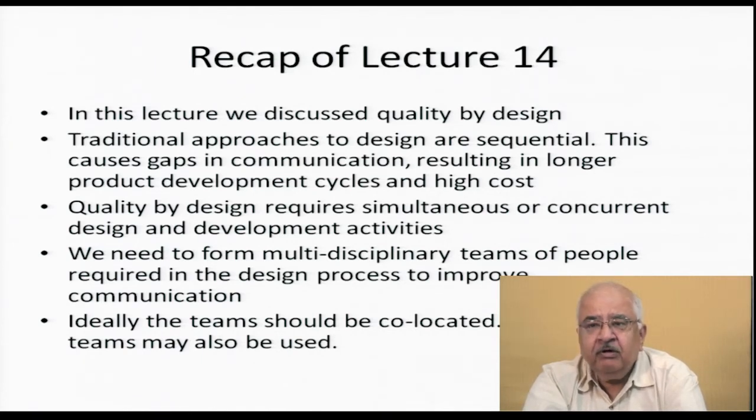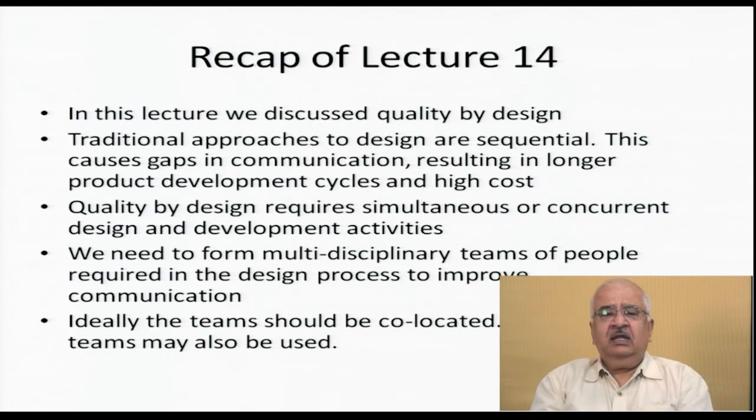There are a number of various constituencies that need to be involved in this process, and by putting them together and communicating with each other at an early stage, you avoid a lot of unnecessary rework, which is a waste.